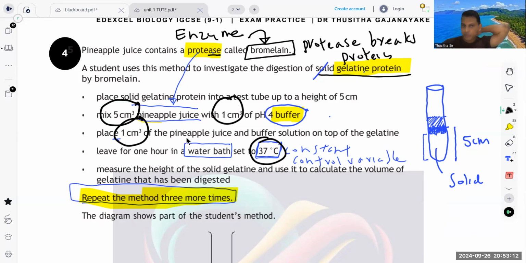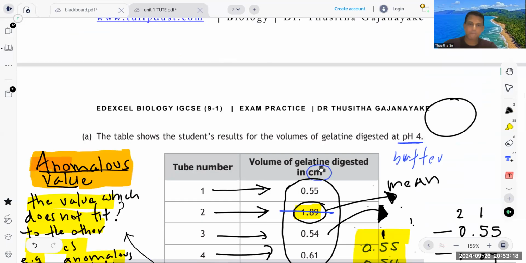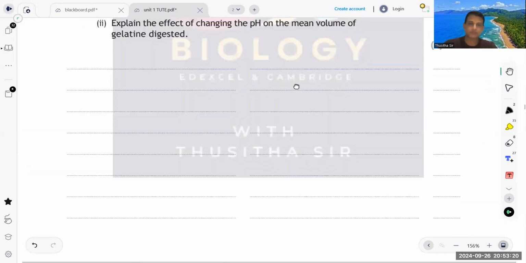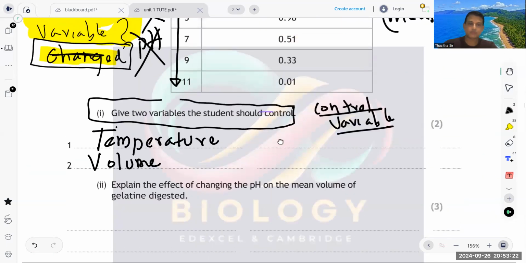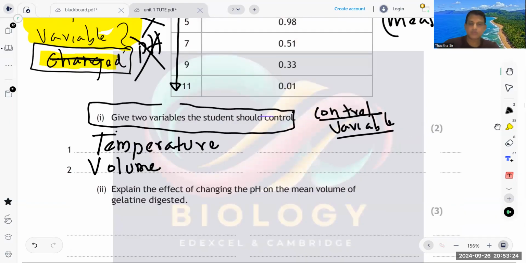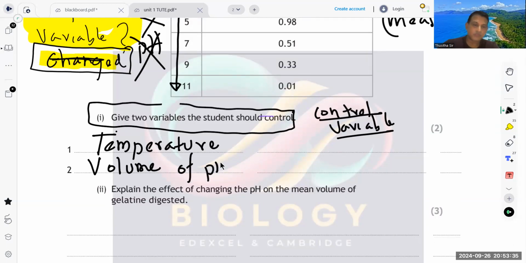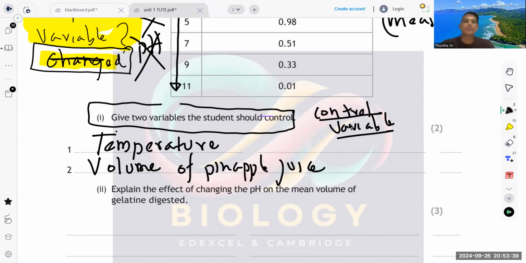Volume of pineapple juice and the temperature.